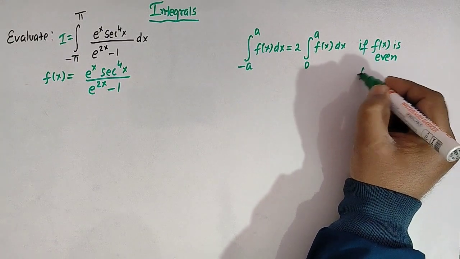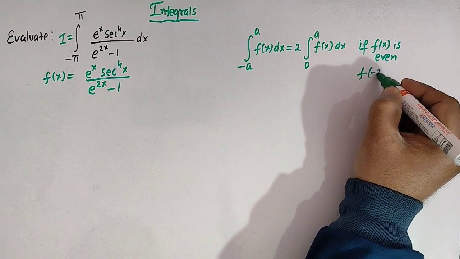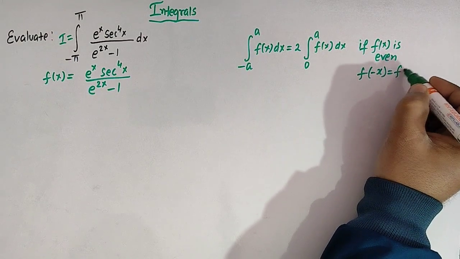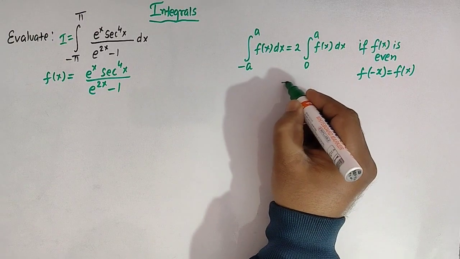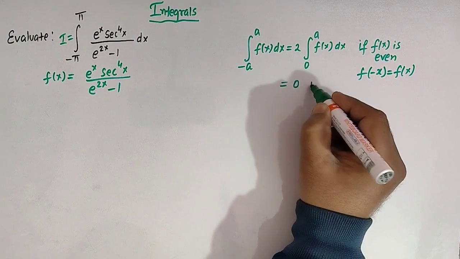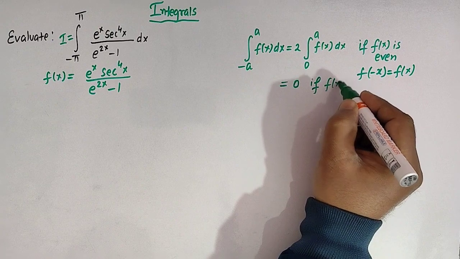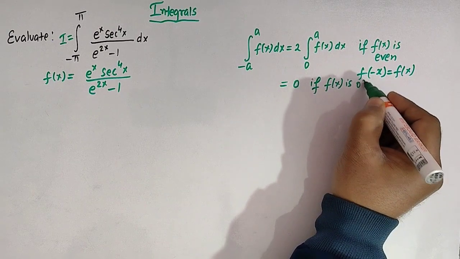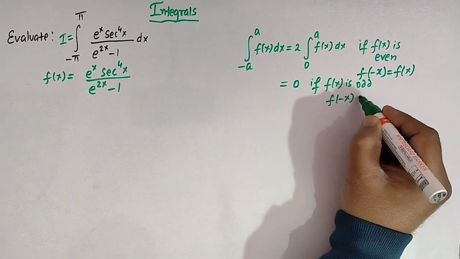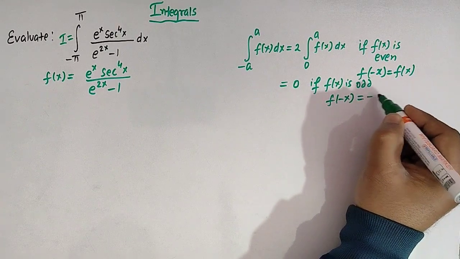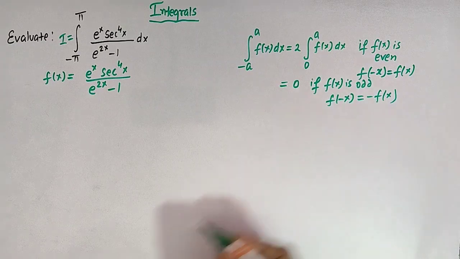Even means f of minus x is equal to f of x. And this integral is equal to 0 if f of x is odd. Odd implies that f of minus x is equal to negative of f of x.